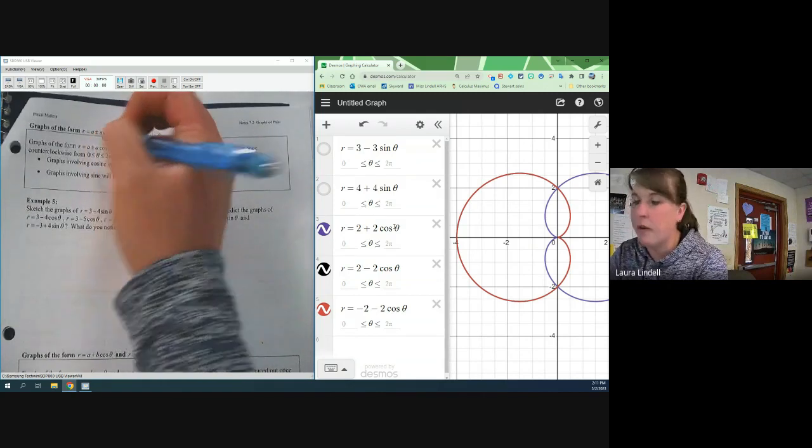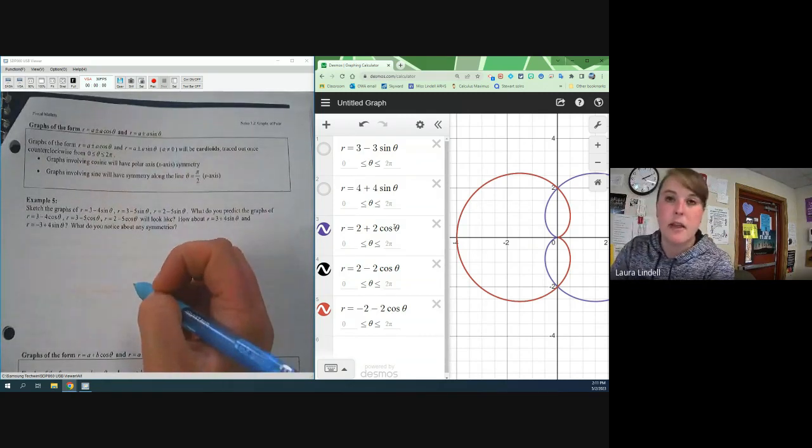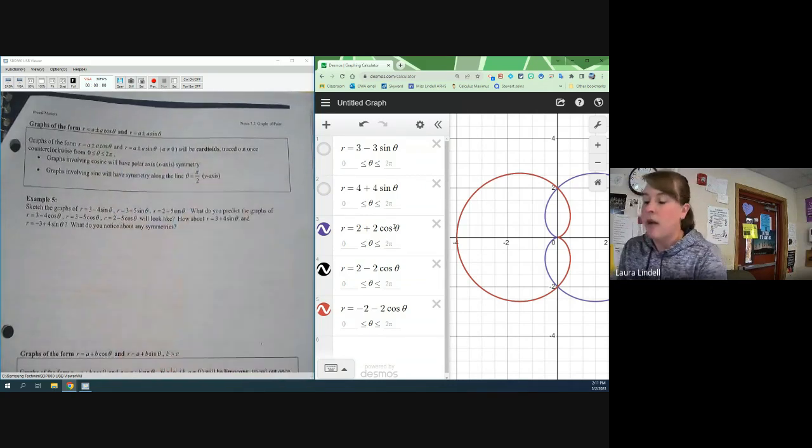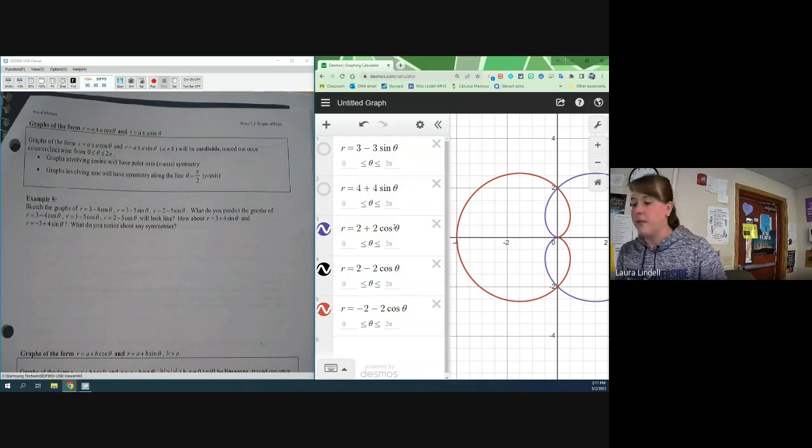The constant and the coefficient in front of sine or cosine are the same as each other. Graphs involving cosine are going to have polar axis symmetry. Graphs involving sine are going to have symmetry along the y-axis, or the theta equals pi over 2 line. And so that's another important family of polar functions.